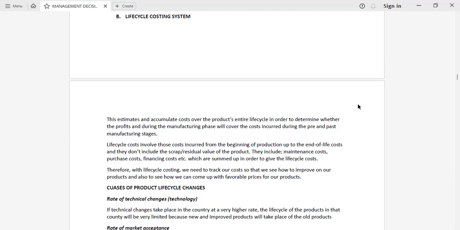You find that maybe the products are outdated. They are not fashionable. For example, people in the fashion sector buy things which are fashionable, and technology keeps changing and things keep changing.